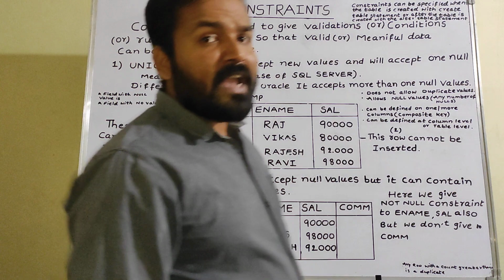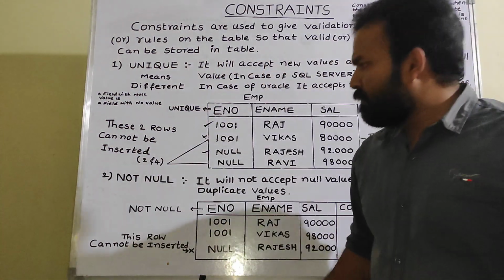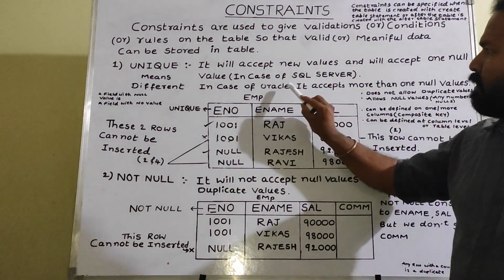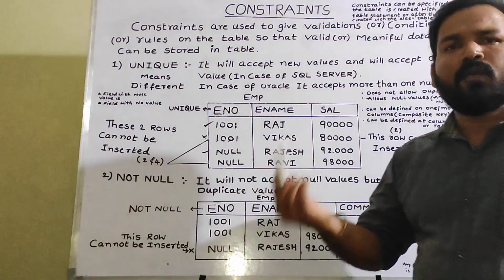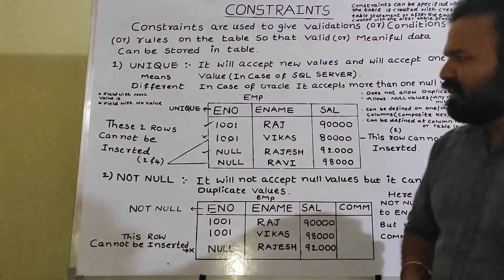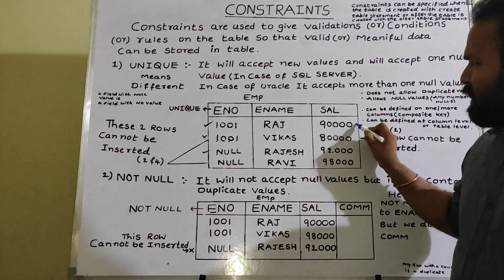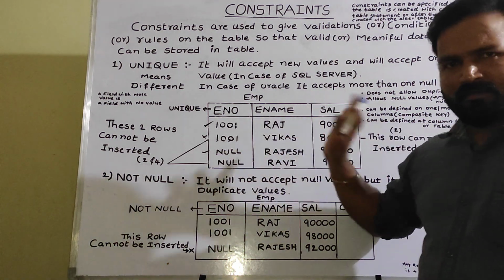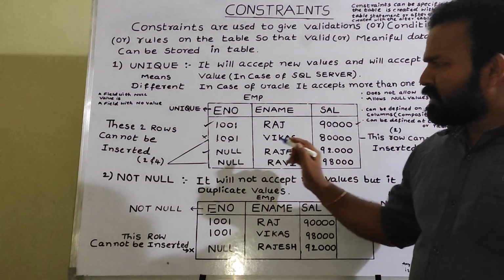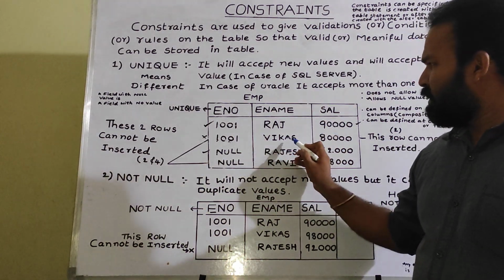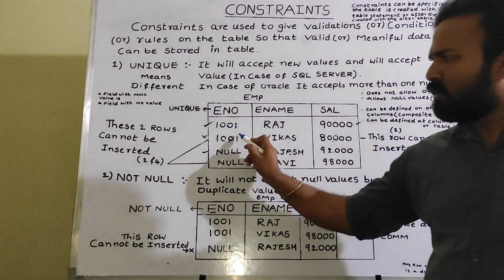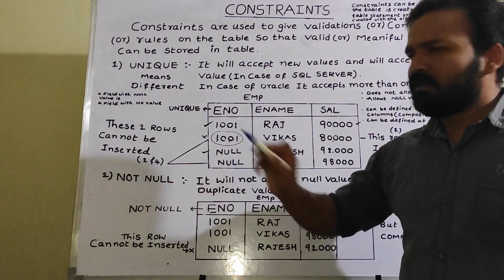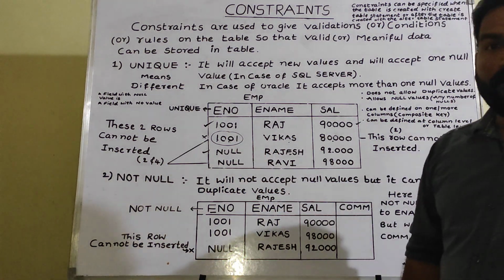In case of Oracle, it accepts more than one null value. 1001, Raj, 90,000 is inserted. Next, 1001, Because, 80,000 cannot be inserted because of the duplicate value.